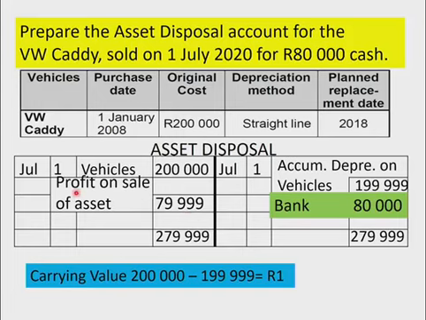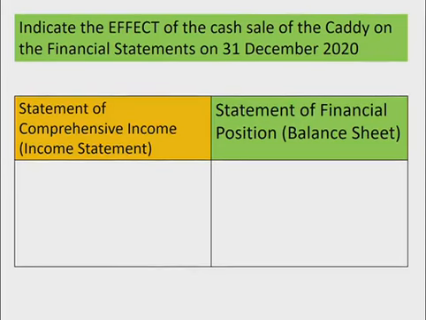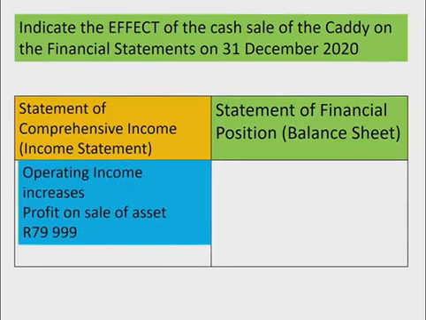So that profit will affect, ultimately, it will affect our income in our statement of comprehensive income. So, under the line item operating income in the statement of comprehensive income, we will have an item called profit on sale of asset, and that will increase my income, and ultimately it will increase my net profit. So the effect will be an increase on the operating income in the statement of comprehensive income.